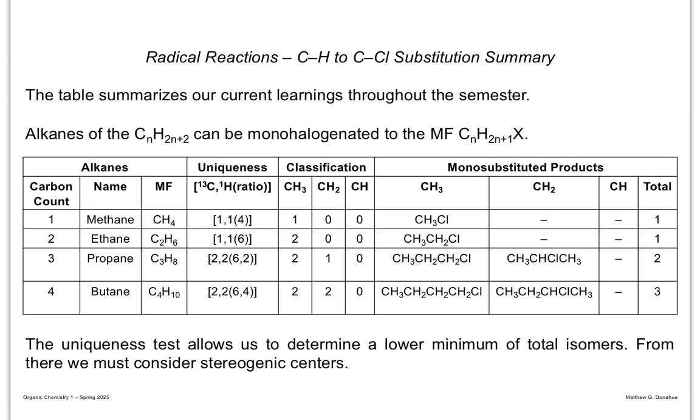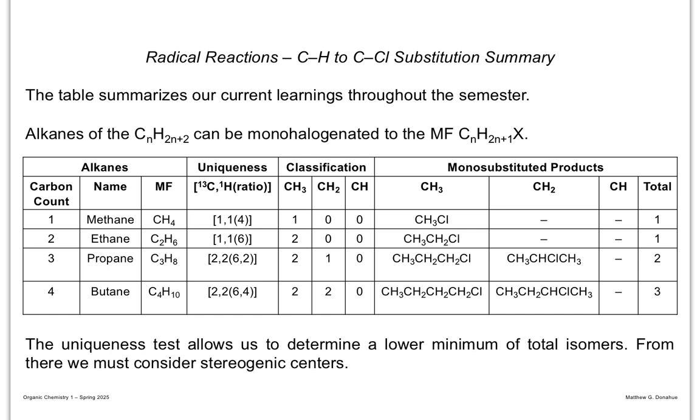So we left off last time on this slide where we saw that using the uniqueness sets, we could then predict the number of monohalogenated derivatives that were possible.